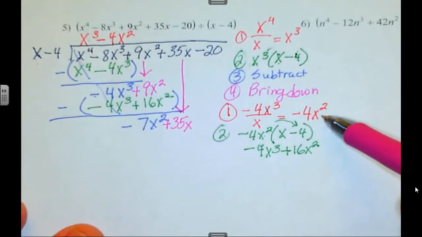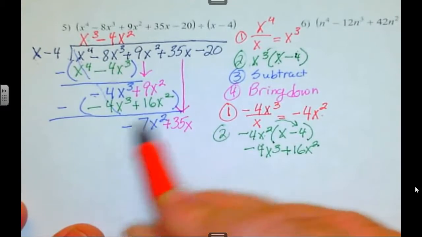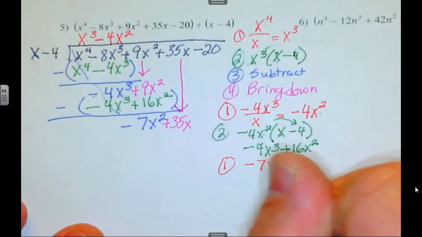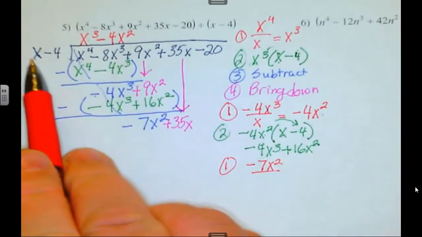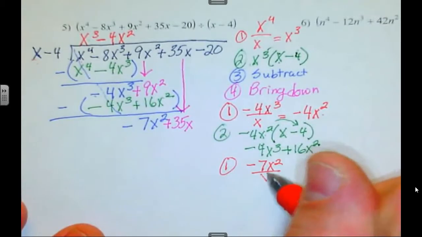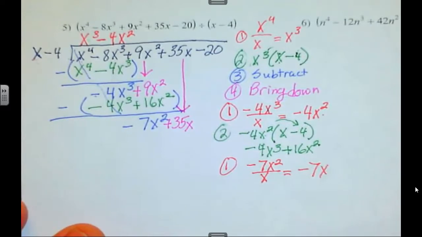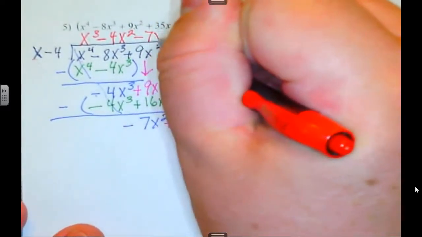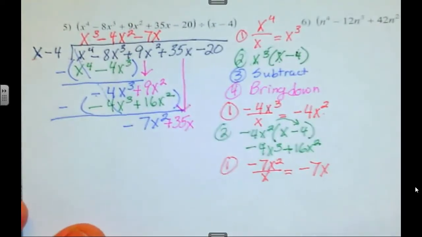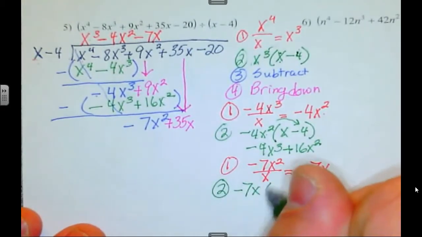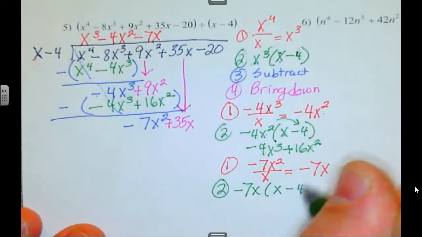Okay, now I'm going to divide. I'm going to take my first term, negative 7x squared, divided by the first term of my divisor, which is x. So I get negative 7x. Now I'm going to multiply the two. I'm going to take negative 7x, multiply it by the divisor, x minus 4.